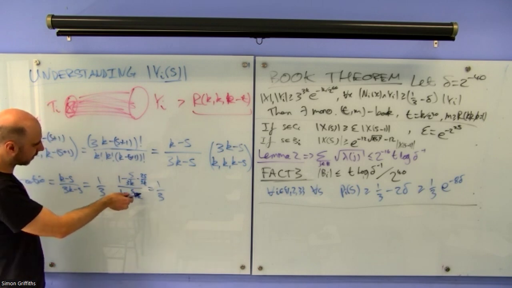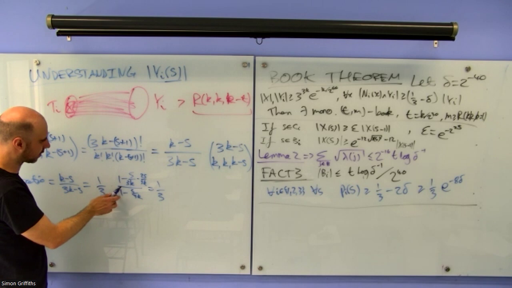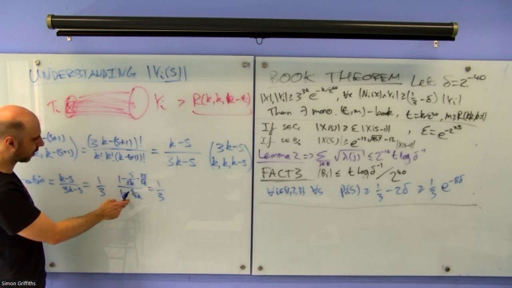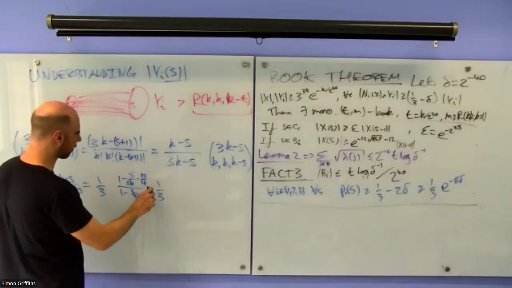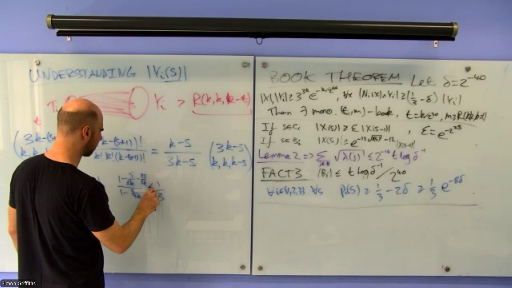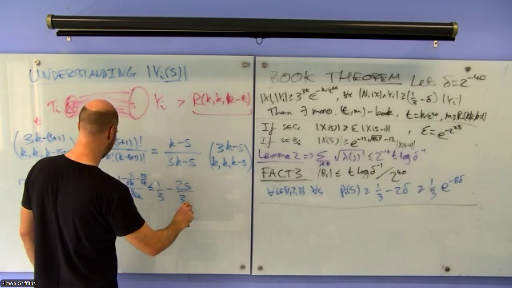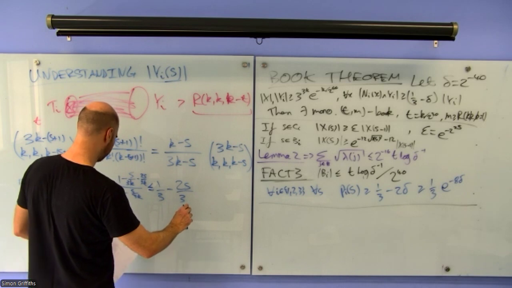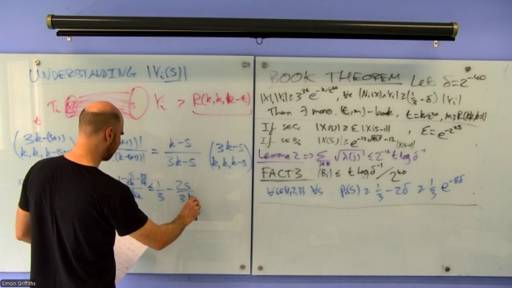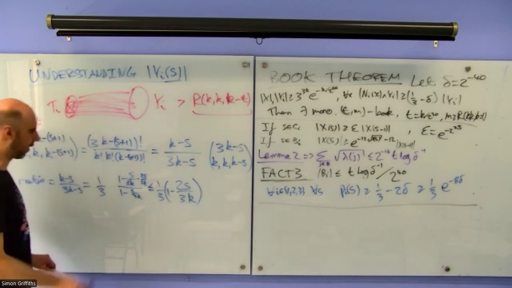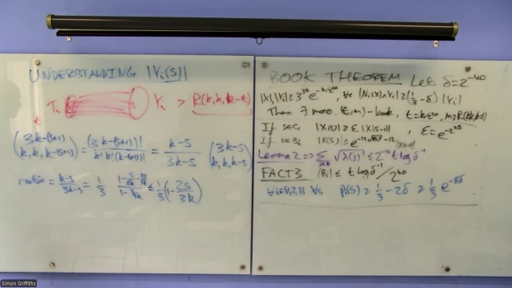Then you could just write this as 1 minus this bit over this bit. But then you just use that the denominator is less than 1. So in particular, this is less than or equal to a third minus 2s over 3k. Sorry, 1 minus, yeah. Anyway, it's just easy algebra.